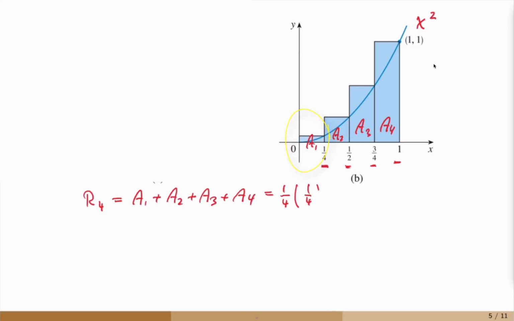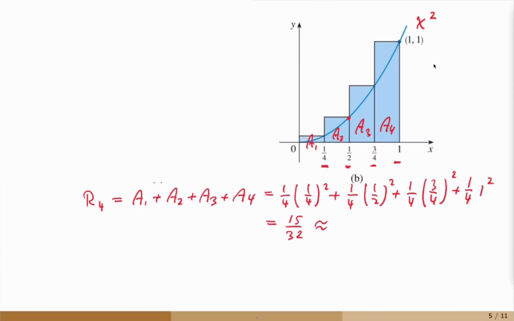I just write this as 1/4 squared. The next interval has again the base length 1/4, but then the height here is 1/2 squared. And then the next one is 1/4 times 3/4 squared. And then we have A4, which is 1/4 baseline times the height 1 squared. So multiply all this out, you get 15/32, which is 0.468.